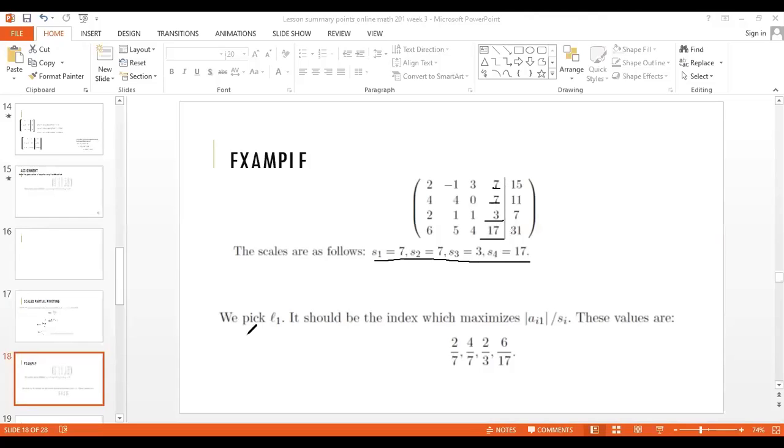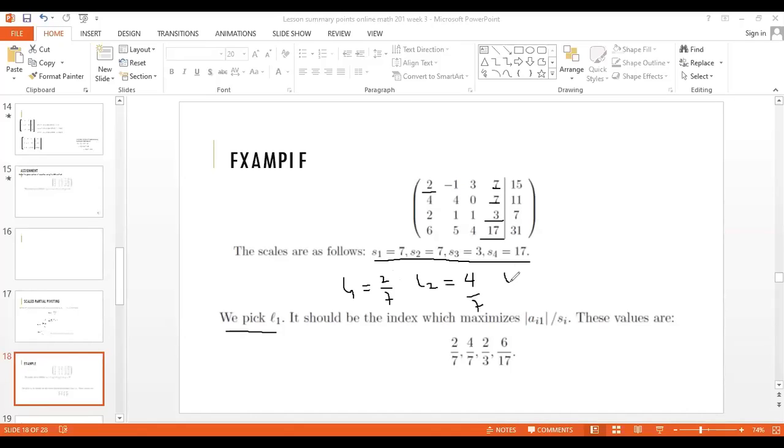Whereas in the first selection for our optimal Li, we use a coefficient. So L1 is 2 over S1, which is 7. L2 is the absolute of the leading coefficient, which is 4 over 7.